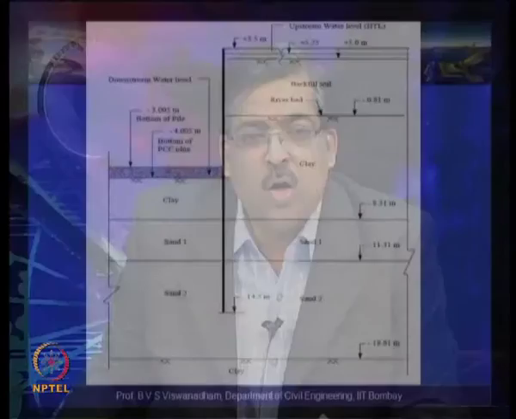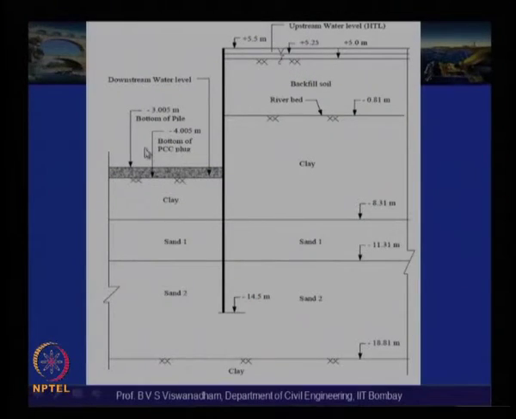So here, minus 4.50 meters is the downstream water level. This is the intended water level to be maintained, and then 1 meter is the thickness of the concrete plug, and this is the bottom of the pile. Above this the pile cap will come, and then the bridge pier foundation.